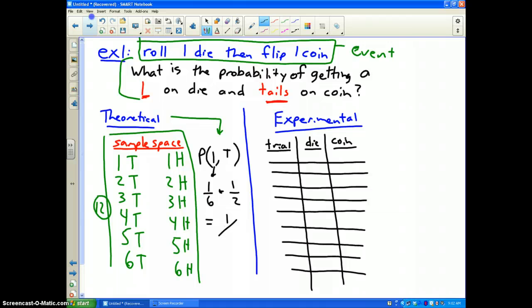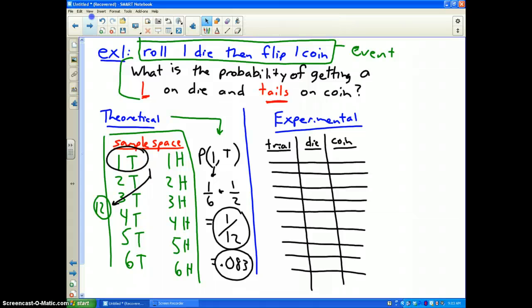Well, that equals 1 out of 12, which is equal to, I believe, 0.083, about an 8% chance. If I look at my sample space, how many of the outcomes have a 1 and a T? Well, you notice right there is the only outcome that has a 1 and a T. That would be 1 out of 12. That is my theoretical probability.